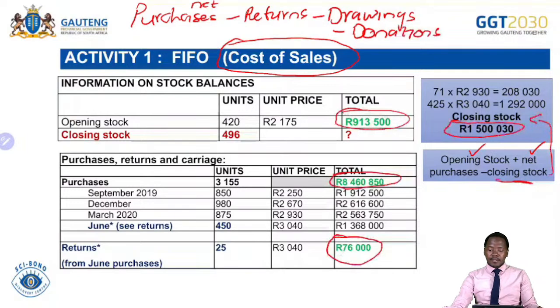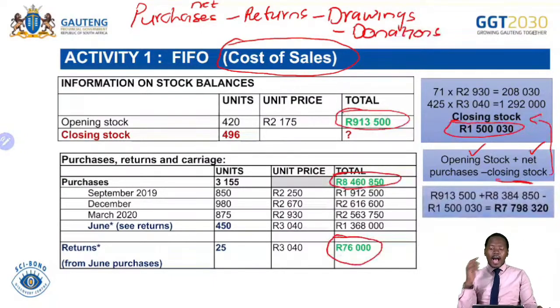Now, moving on, grade 12s. How do I calculate my cost of sales? I am now going to look at my opening stock, which is 913,500, plus my 8,384,850. Now, where is that coming from, grade 12s?